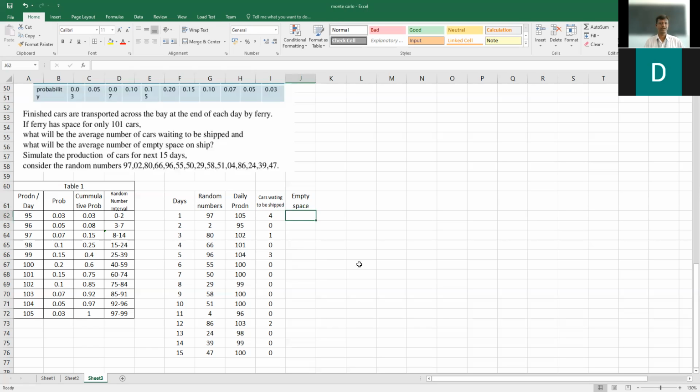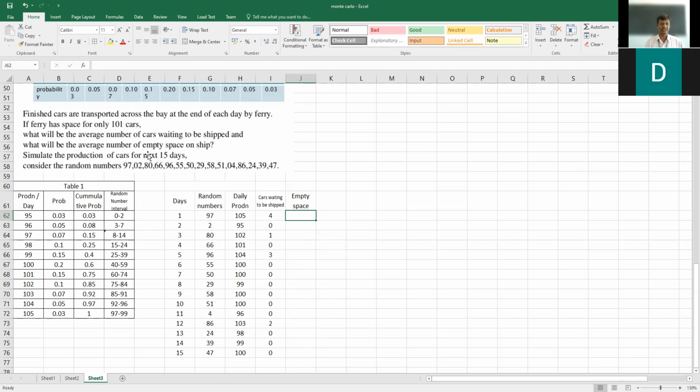And next thing, what we need to find out from the given case is what will be the average number of empty space on ship. Our vehicle has the capacity to carry 101 cars.